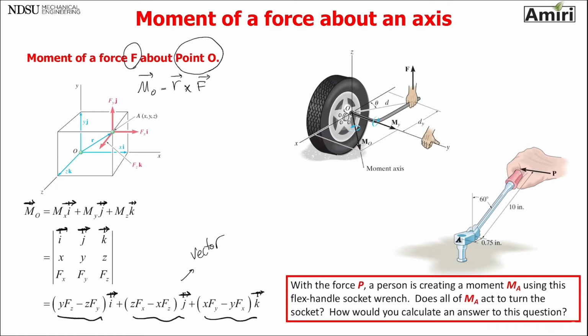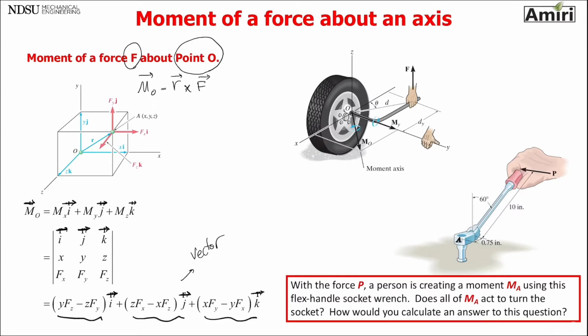Or here, with the force P, a person is creating a moment of M sub A using this flex handle socket wrench. Does all of MA act to turn the socket?